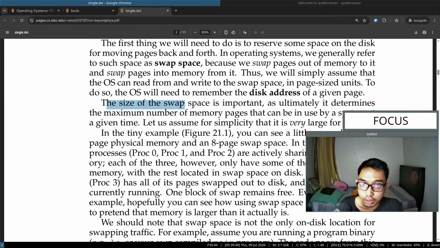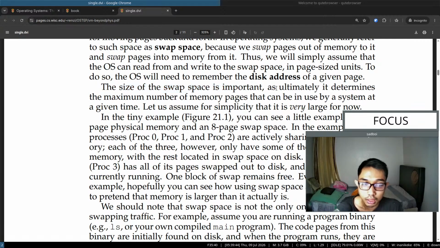The size of the swap space is important as ultimately it determines the maximum number of memory pages that can be in use by a system at a given time.